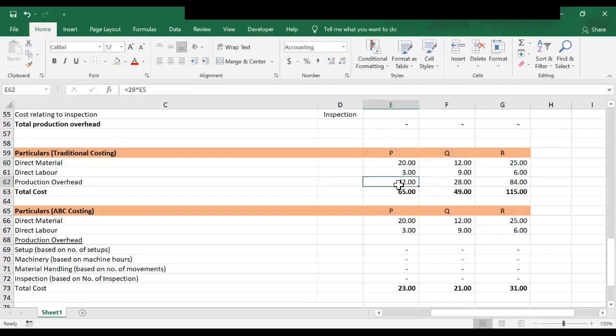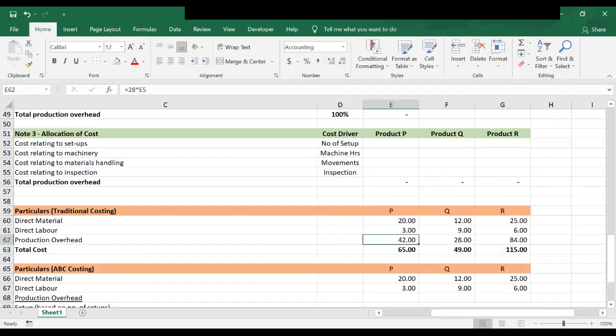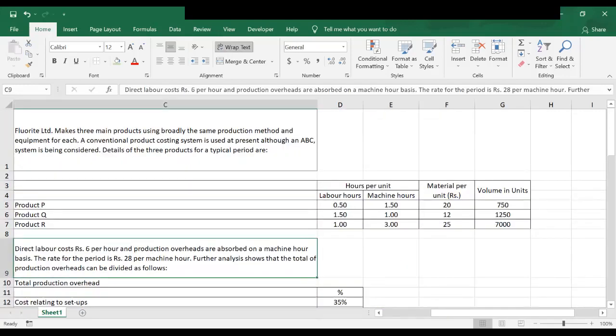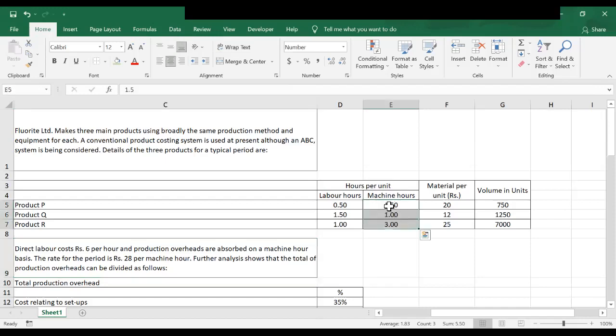Now the tricky part is the production overhead, but still in traditional costing it's not that complicated. They've given us the machine hour rate, the rate for the period. Whatever the production overhead is, we are absorbing that cost on the basis of machine hour rate at 28 per machine hour, and they've given us machine hours per unit: 1.5 machine hours per unit of P, 1 machine hour per unit of Q, and so on.